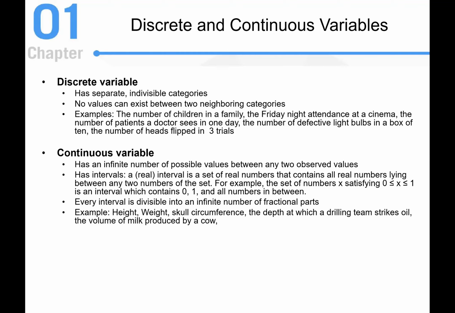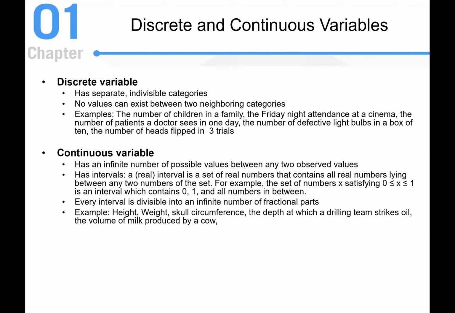And between 1 inch and another inch, there's an infinite number of other possible values. So height would be a continuous variable, all right? Weight, for the same reasons as height, would be a continuous variable.